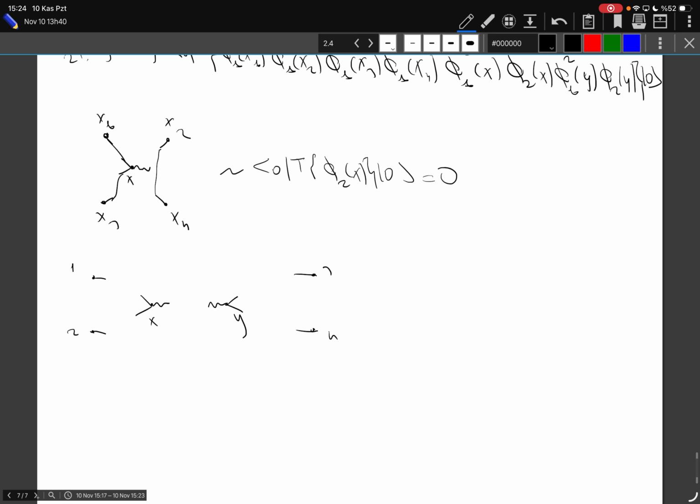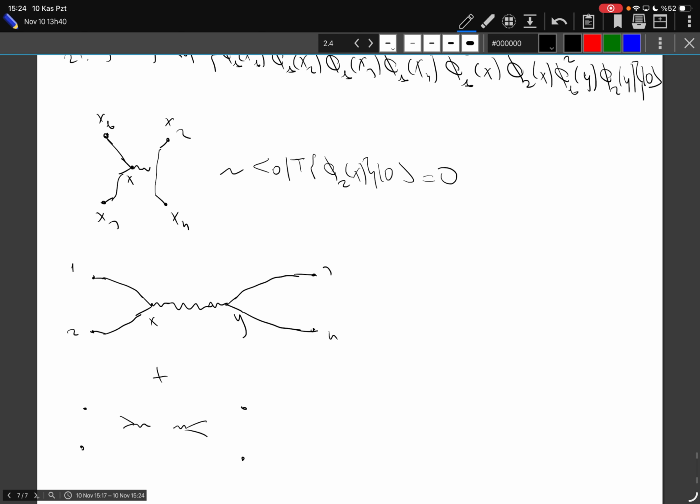Now, what are the options? Well, there is this case. All the phi 1 fields at the point X are connected to 1 and 2. All the phi 1 fields at the point Y are connected to 3 and 4. And these phi 2 fields at X and Y are connected to each other. This is one possible diagram. I have another possible diagram. You see, phi 2 fields at the point X and Y have to be connected to each other.